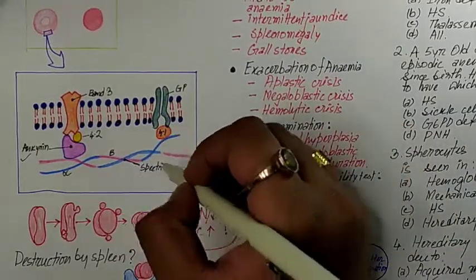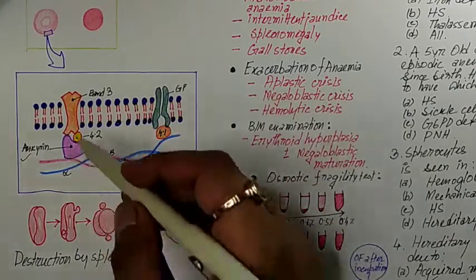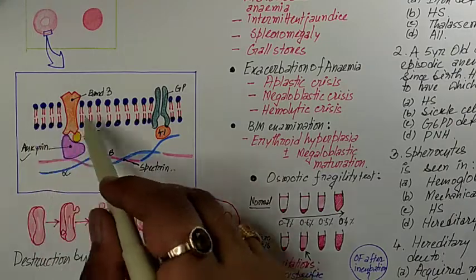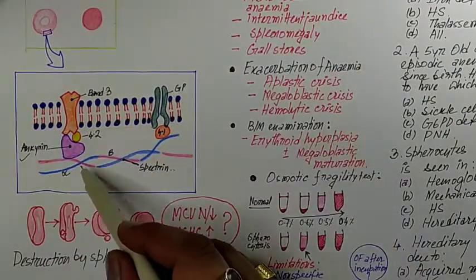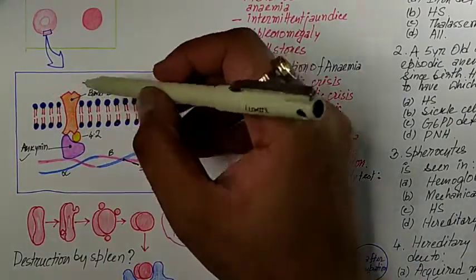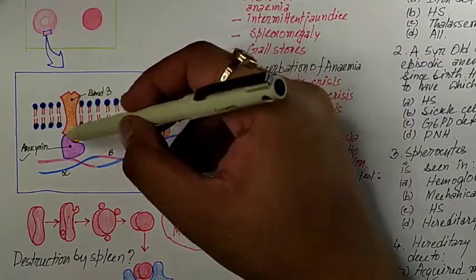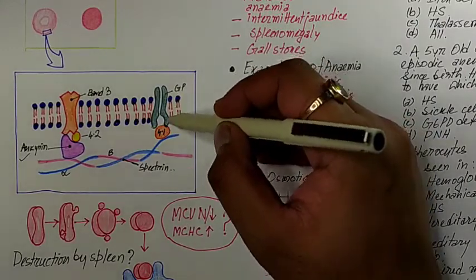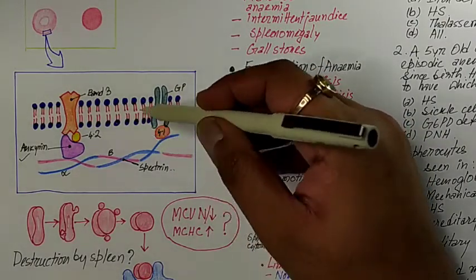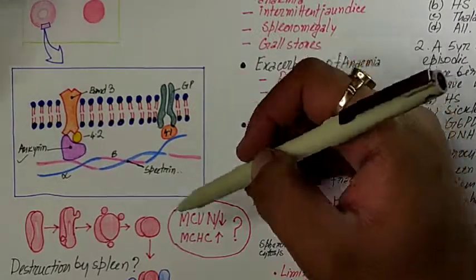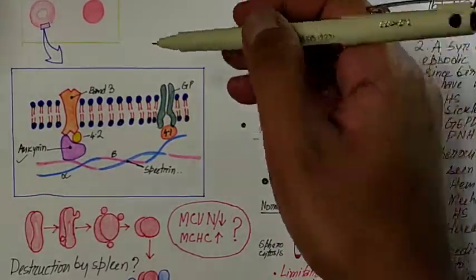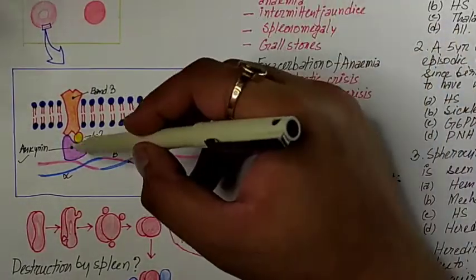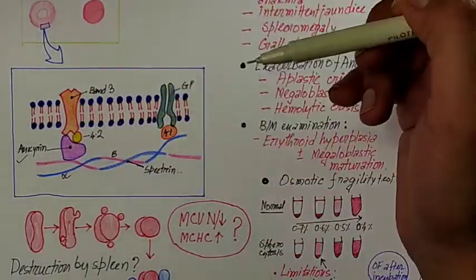So in this picture we can see that there are two main anchoring points between the red cell membrane and the red cell cytoskeleton: one is the band 3, ankyrin, spectrin association, and another is the glycophorin C, protein 4.1 and spectrin association. But in hereditary spherocytosis, these two anchoring points are defective due to defective production of these proteins.